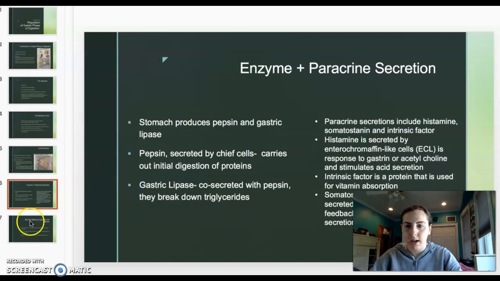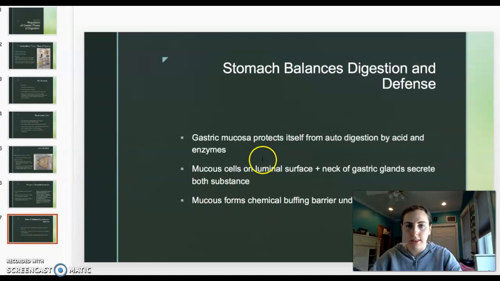Moving on to how the stomach balances digestion and defense. The gastric mucosa protects itself from autodigestion by acid and enzymes. We have mucus cells on the luminal surface, and the neck of the gastric glands secretes both substances. Mucus forms a chemical buffering barrier.